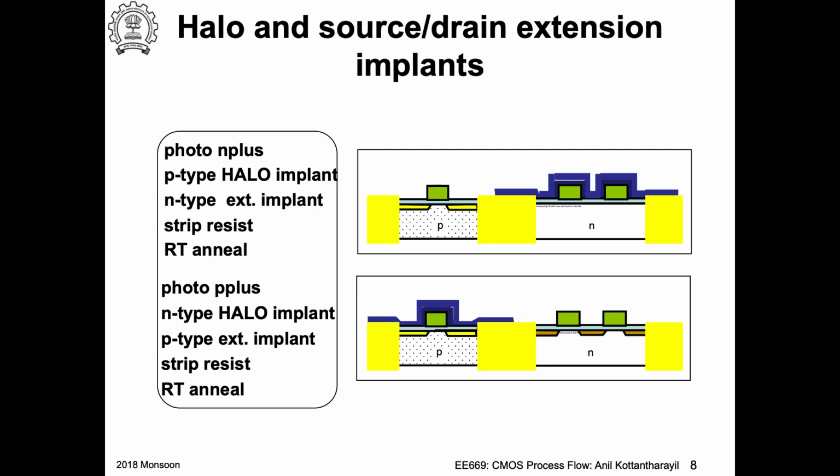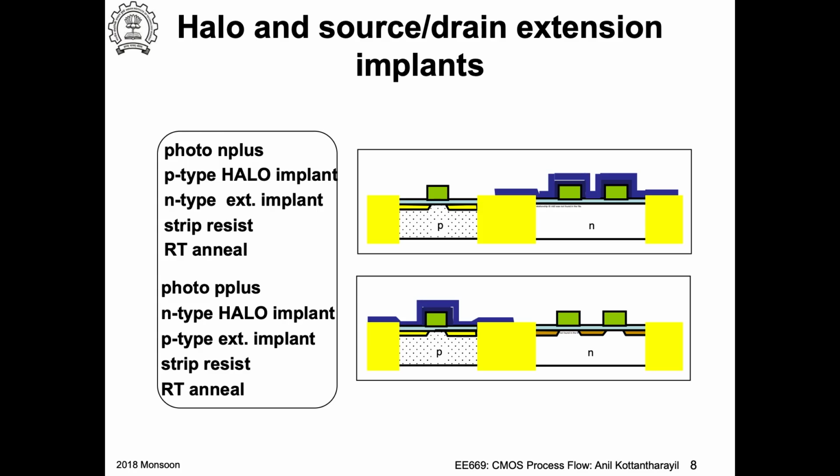And this would be, for example, for an N-channel device, the shallow source drain extension implants will be N-type. Typically it would be arsenic, and then you are going to strip the photoresist. Then you do a rapid thermal annealing to activate the implants.